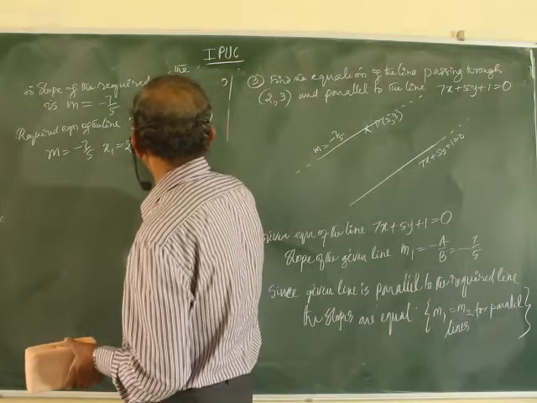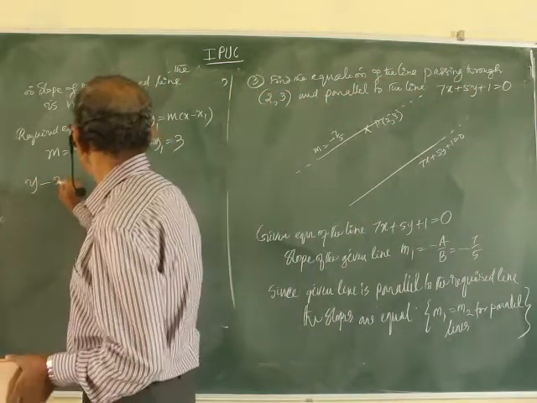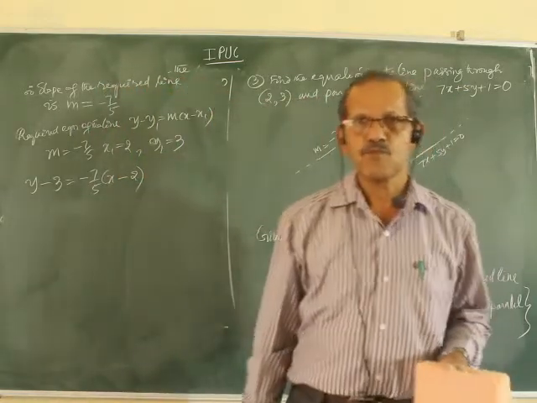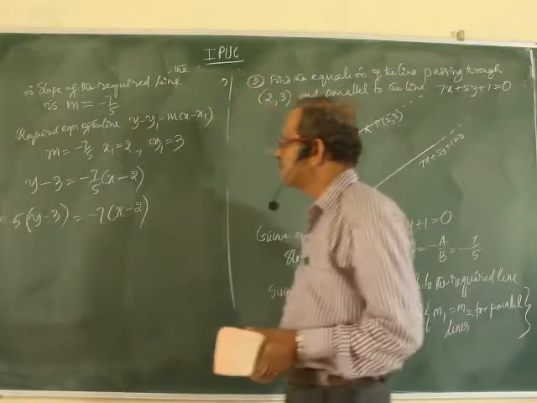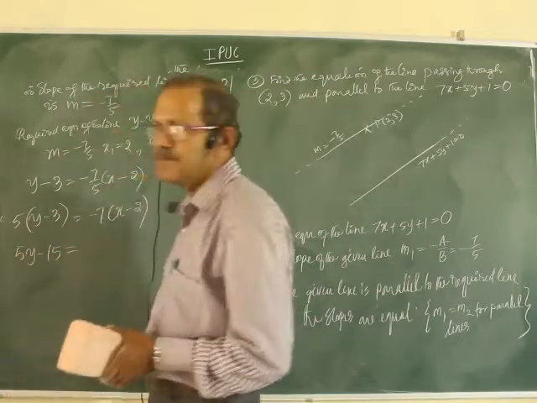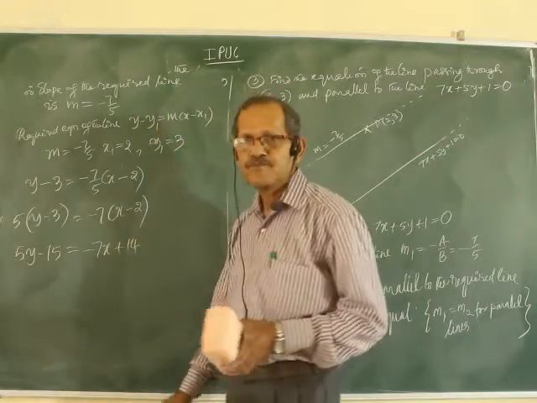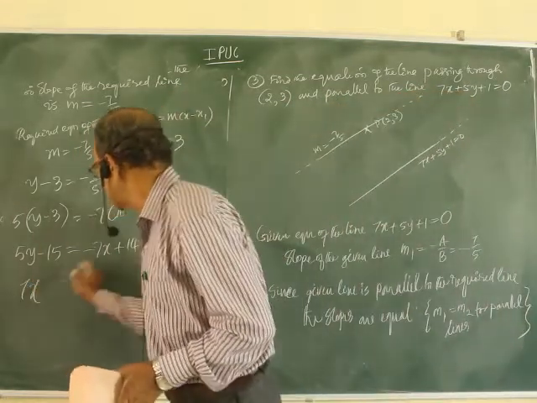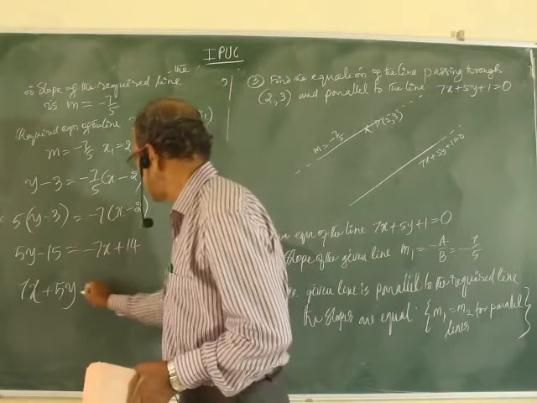So y - 3 = -7/5 (x - 2), or 5y - 15 = -7x + 14, or 7x + 5y - 15 - 14 = 0.